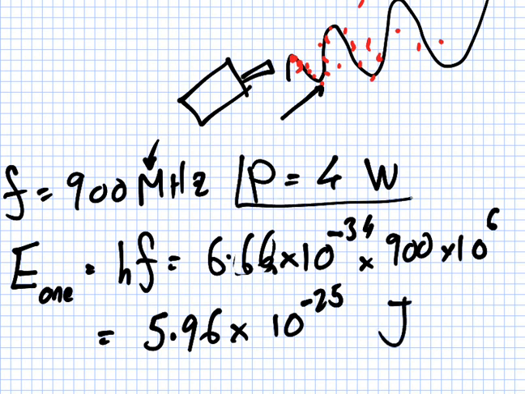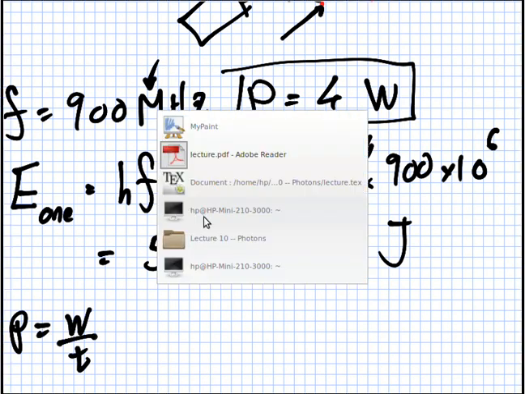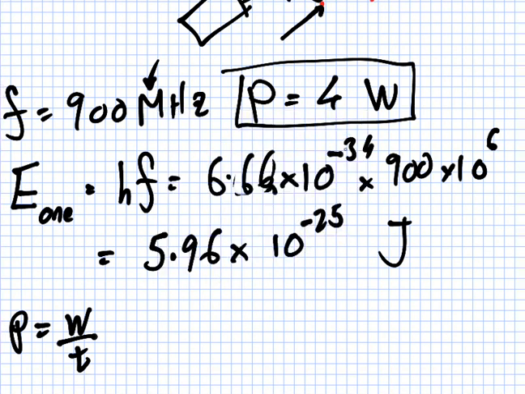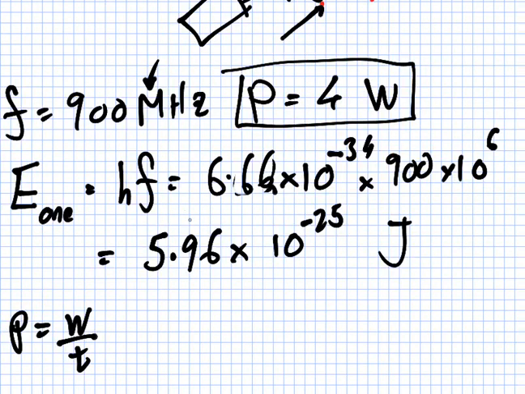Now think about this. If the power is 4 watts, what's the formula for power? It's work over time, and I mean per second. So if I have per second, the time is just 1.